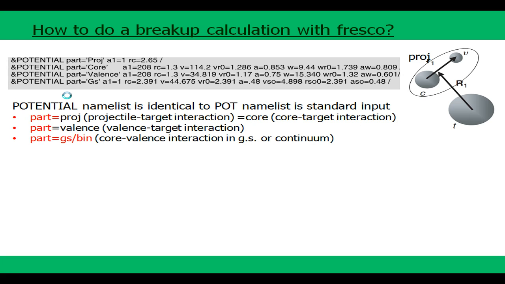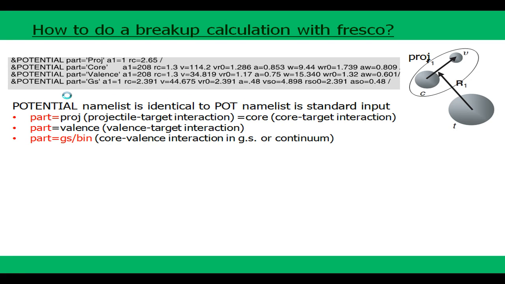Now a very important little detail is this last one that's defined ground state. That actually is the bound state between the valence particle and the core. Typically, if you put it ground state, it will take it for everything. So the default is it will use the same interaction for everything.